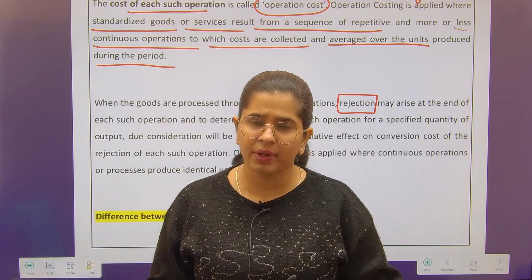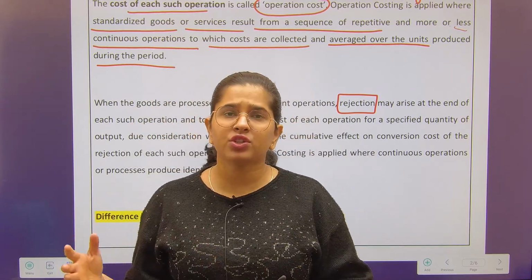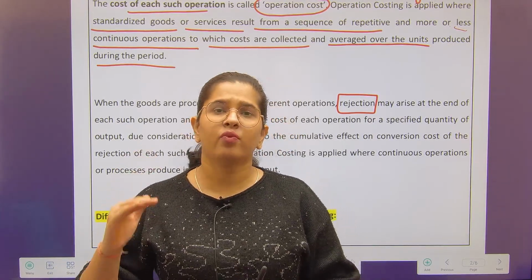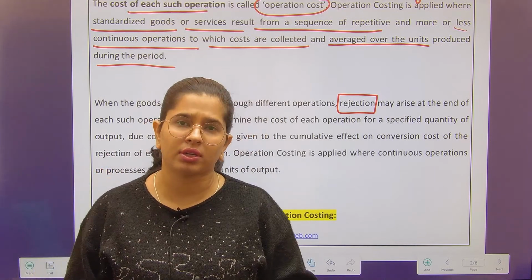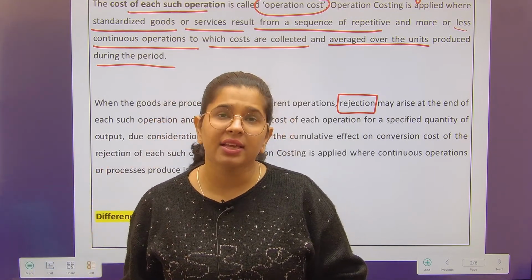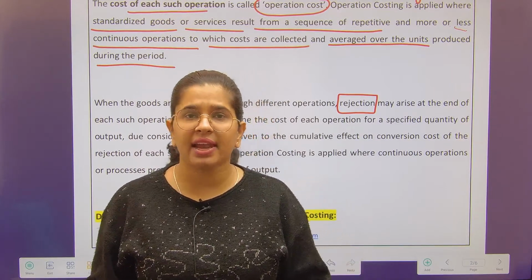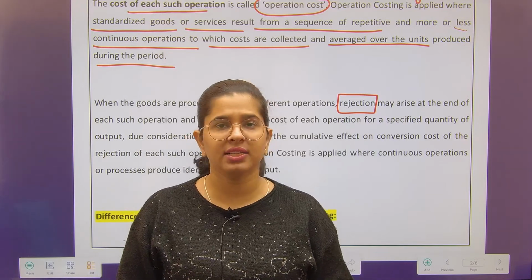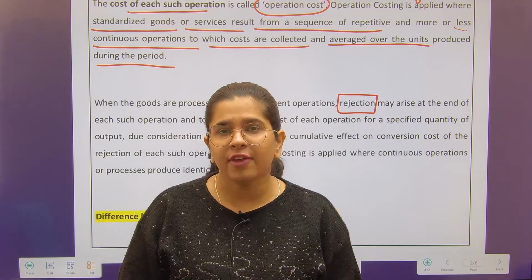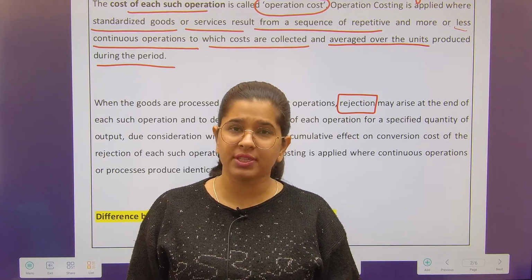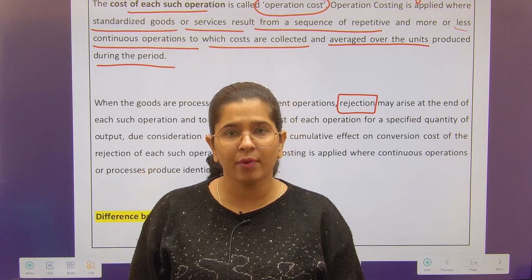Sometimes the packing will not be good, sometimes the product quantity is lesser than what is mentioned on the bottle, or sometimes the bottle is leaking. All these quality defects can occur, and you know that your 5% is your normal loss. That is bound to happen. But if your loss exceeds 8% of the bottles produced, then the next 3% is your abnormal loss.